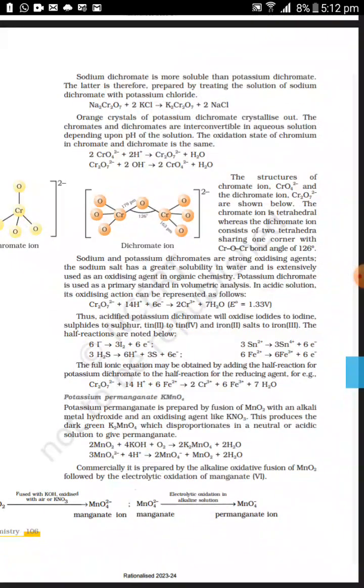Now the most important is the oxidizing nature of the dichromate. So the basic equation is the dichromate in acidic medium will give you chromium 3 positive. So from plus 6 oxidation state, it gets to plus 3 oxidation state. For 1 chromium it will gain 3 electrons and for 2 it will gain 6 electrons.